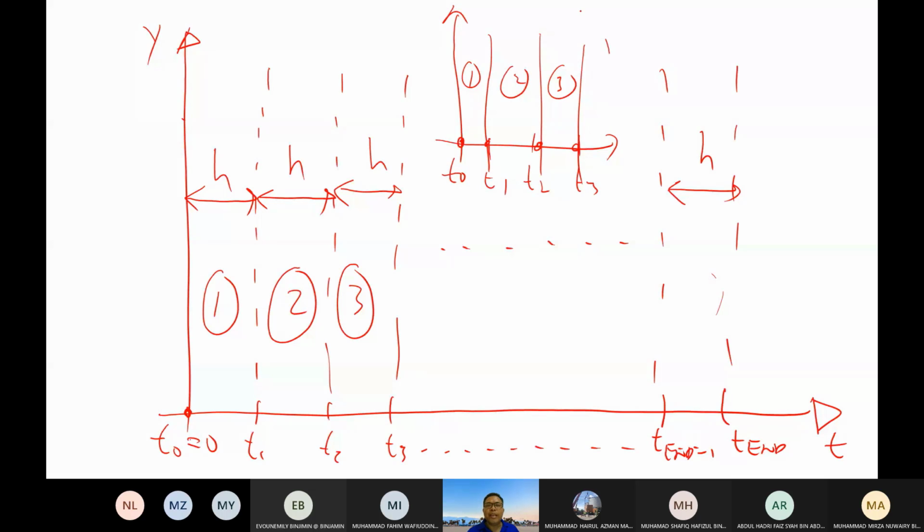So if you relate this with this, what will be the number here? If tn is 5, then it will be 5, right? Yes, sir. Are you sure? Since it starts from t0 till tn is 5, so 5 intervals, if h is 1.